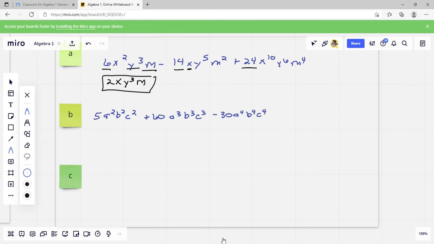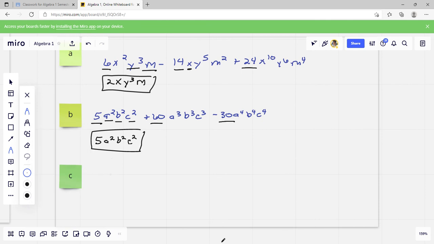Okay, so for this one we're going to look at our number part first. We've got 5, 60, and 30. 5 will go into all of those. For a, our lowest exponent on a is a squared. Our lowest exponent on b is b squared. And our lowest exponent on c is c squared. So there's that one.